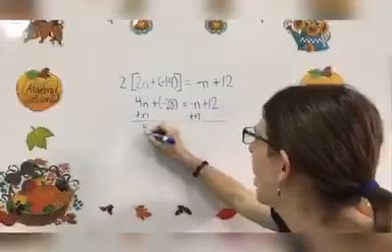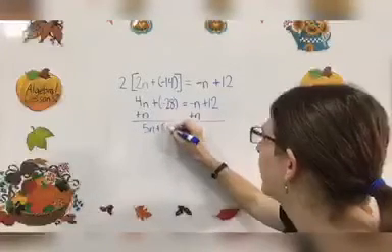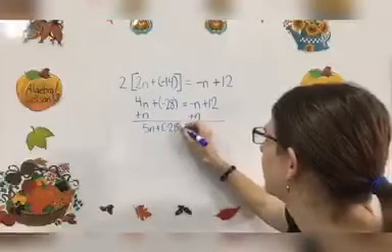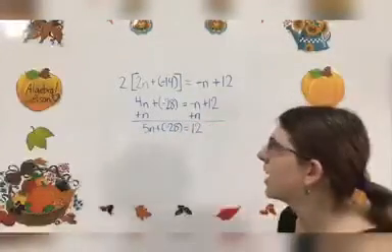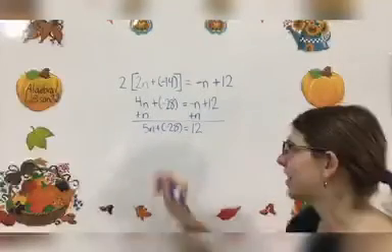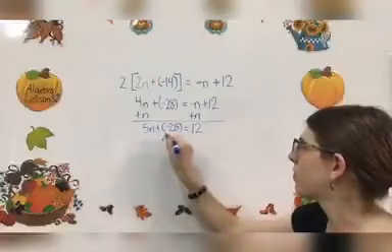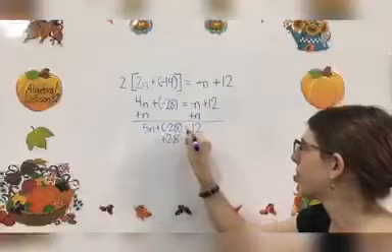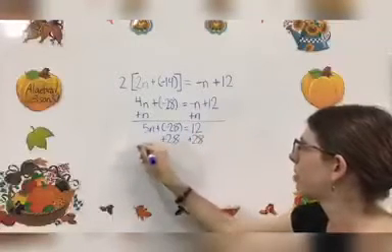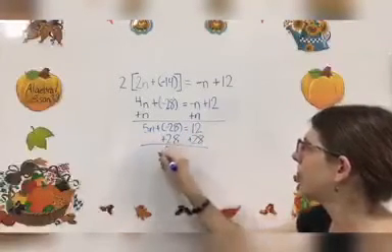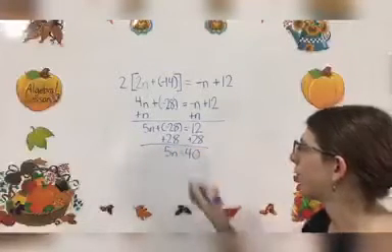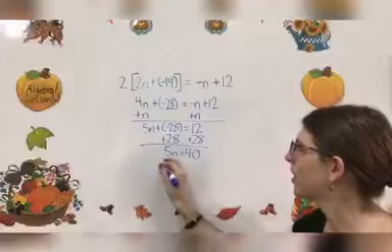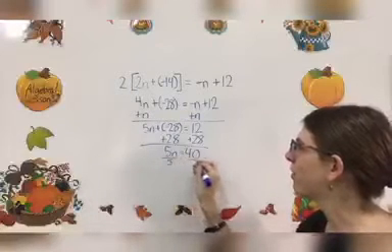And I get 5n plus negative 28 equals 12. Since I have a negative, that means I need to add a positive to get rid of it. And that leaves me with 5n equals 40. Divide both sides by 5.